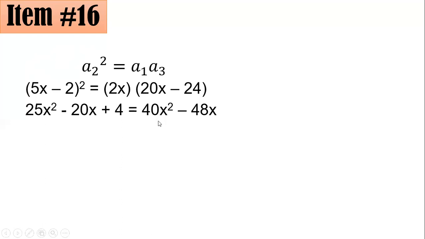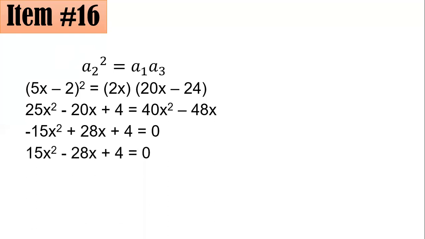You have 40x squared, and 2x times negative 24 will be negative 48x. Next, what I did was I subtracted 40x squared minus 48x from both sides of the equation, and I arrived at negative 15x squared plus 28x plus 4 equals 0.